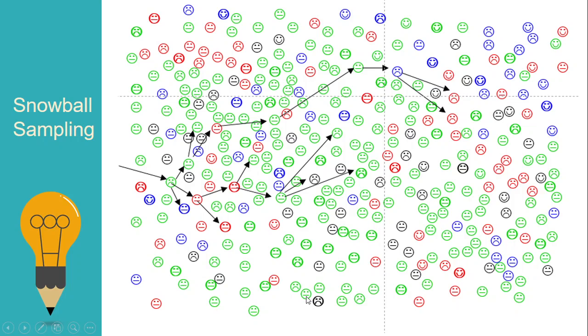The other type of non-probability sampling is snowball sampling. Snowball sampling is where research participants recruit other participants for the study. It is actually used where potential participants or respondents are tough to find. It's too difficult to find potential participants, so it's called snowball sampling.